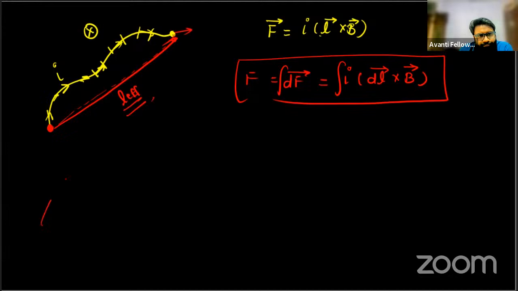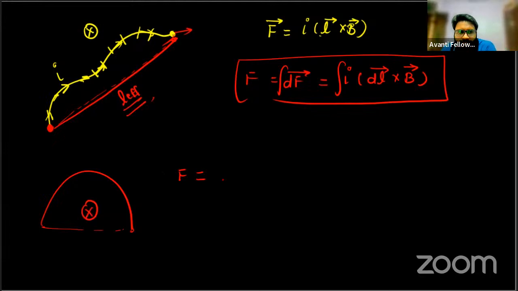Now tell me, if a wire is bent into a semicircular ring, what will be the force on this wire by the magnetic field if the magnetic field is inside? Tell me, only the expression of the force. The radius of the ring is r. Okay?